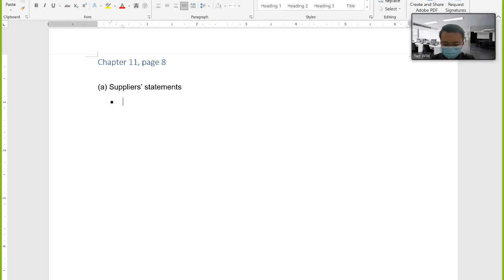Review the closing balance in the supplier statement as at year end.